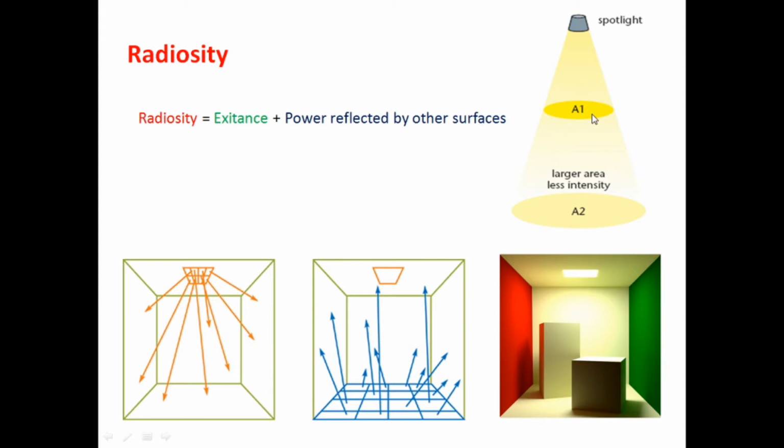In area A1 and area A2, A1 has more intensity because it is nearer to the spotlight, and A2 has a bit less intensity because it is a bit farther away from the source of light.